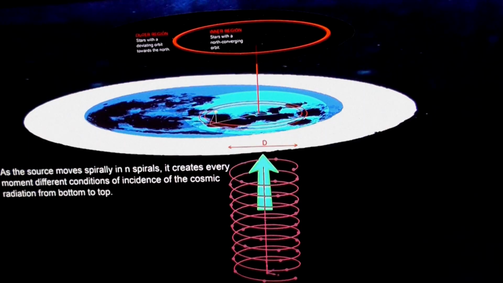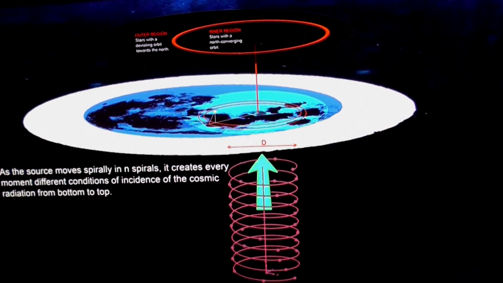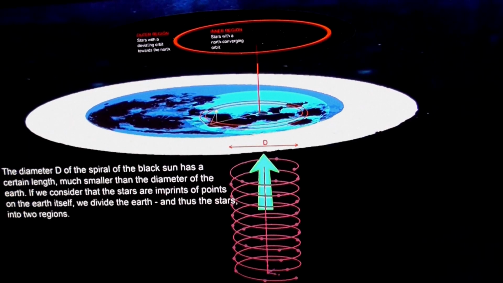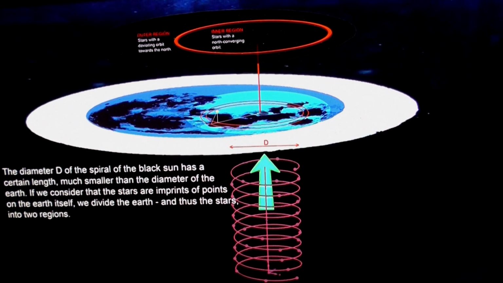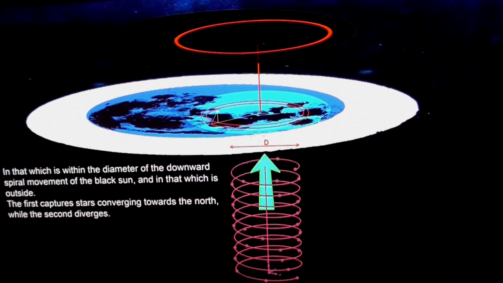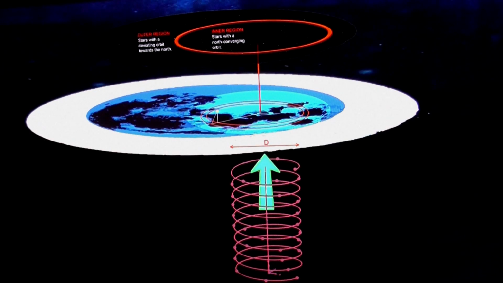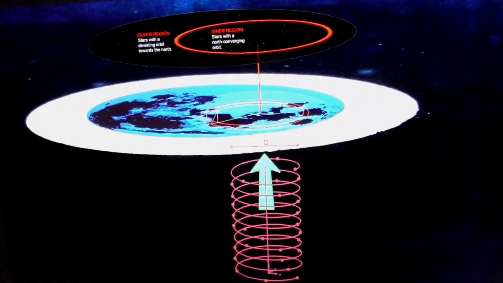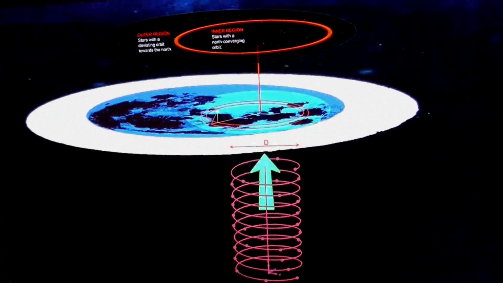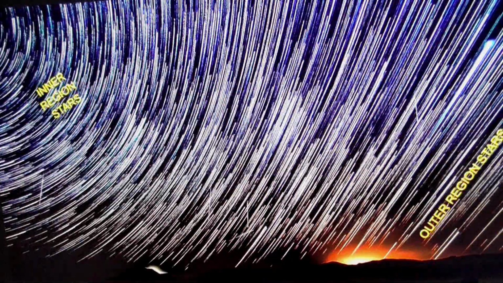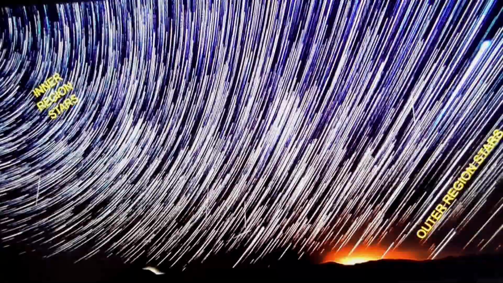If we consider that the stars are imprints of points on the Earth itself, we divide the Earth, and thus the stars, into two regions: that which is within the diameter of the downward spiral movement of the black sun, and that which is outside. The first captures stars converging towards the north, while the second diverges.